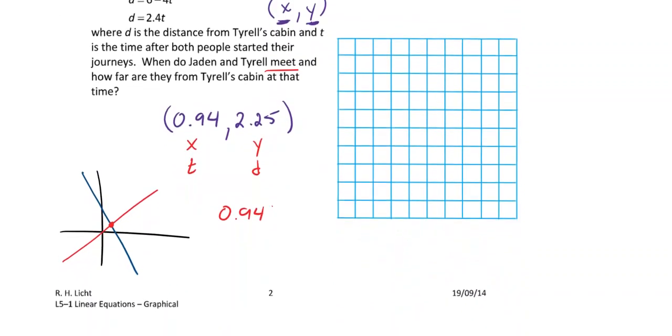So they meet 0.94 hours after they left.